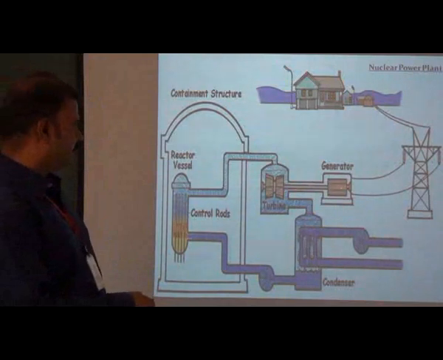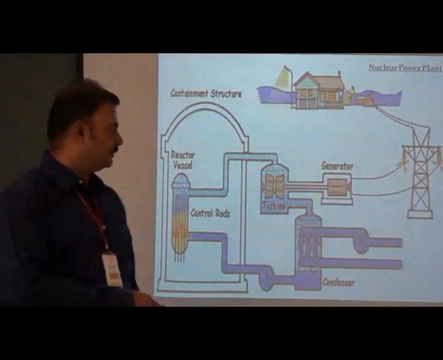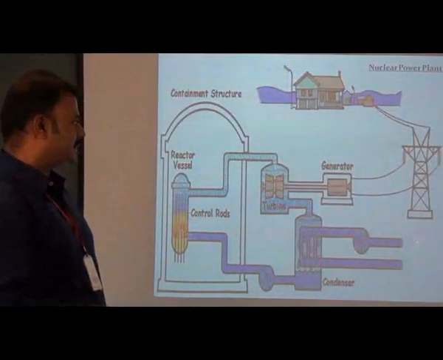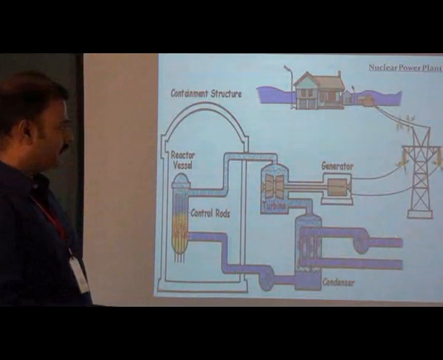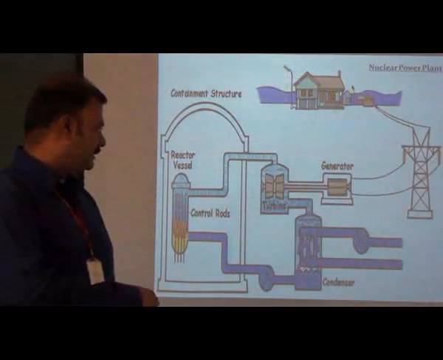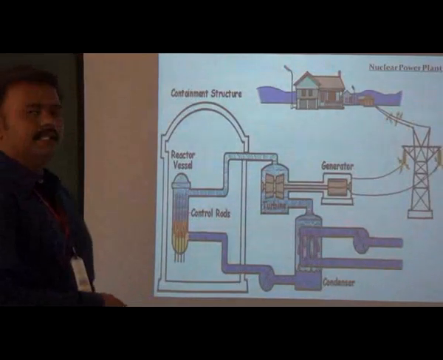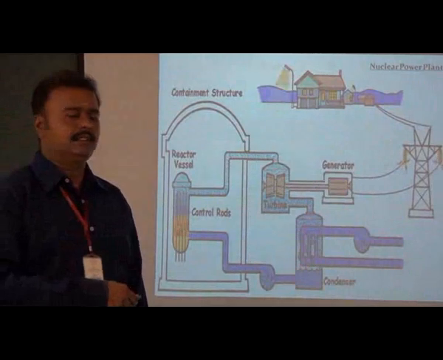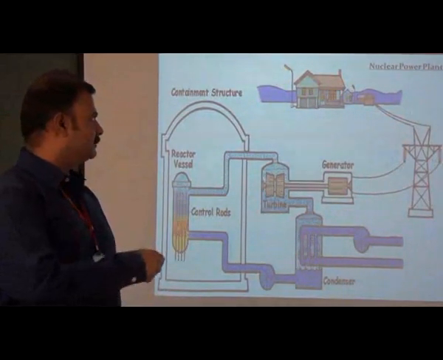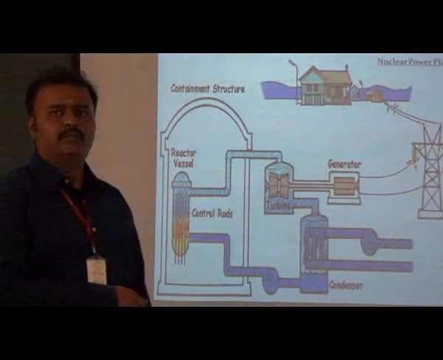The turbine is coupled with the generator, and the exhaust coming from the turbine is condensed in the condenser. This is nothing but a heat exchanger. Water from the outside is circulated in the condenser, and the condensed water is circulated back to the nuclear reactor. The electricity produced in the generator is transmitted through the transmission lines. This is called a boiling water reactor.